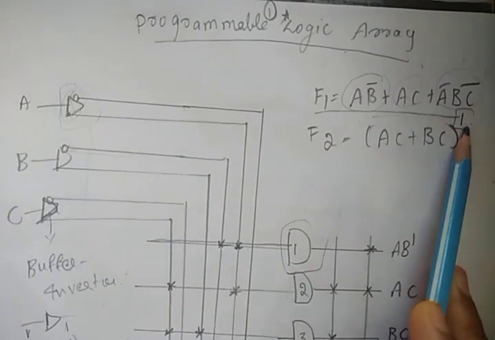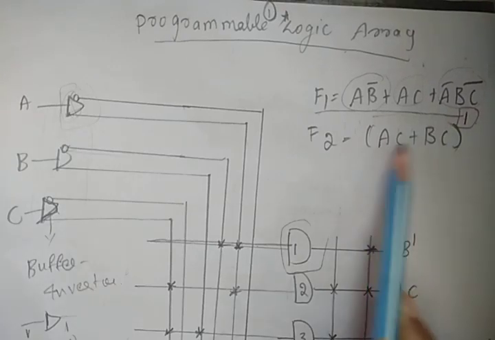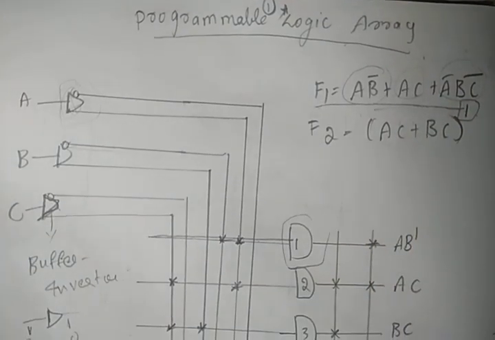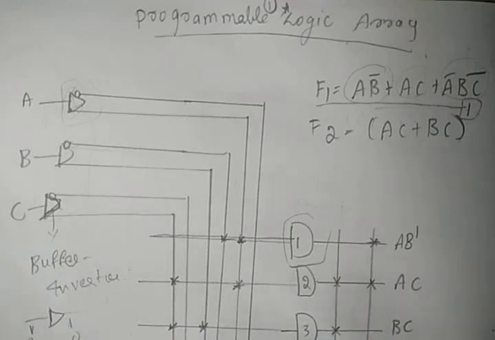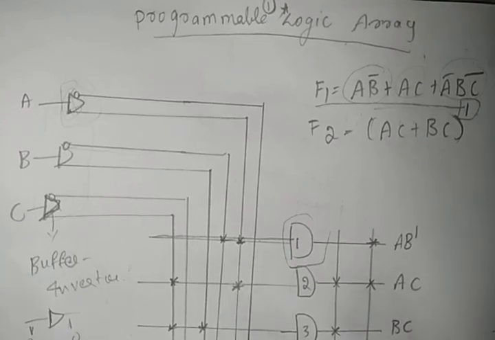For the time being, this bar is neglected. We have AC and BC. So as you can see, we have A, C, and next we have BC. This AC and BC are connected to another OR gate. For example, consider this to be function 1 and this to be function 2.